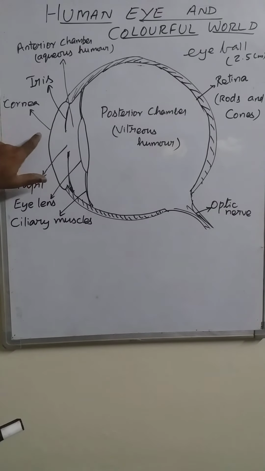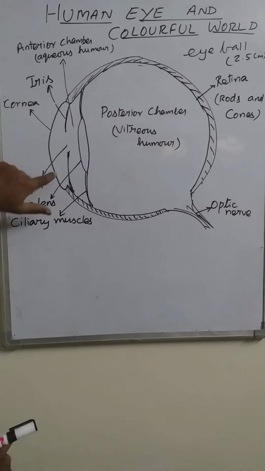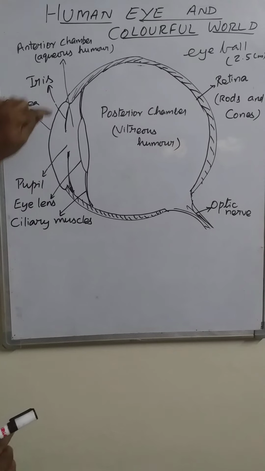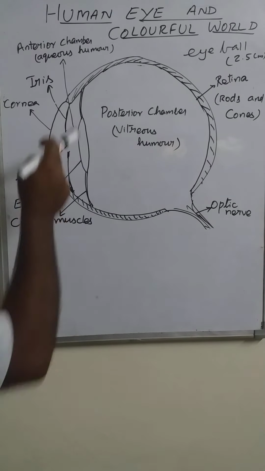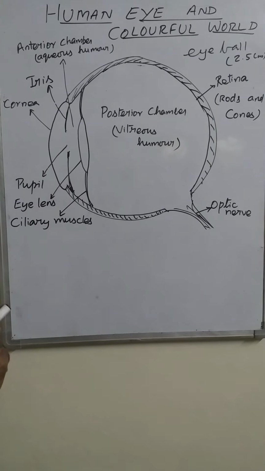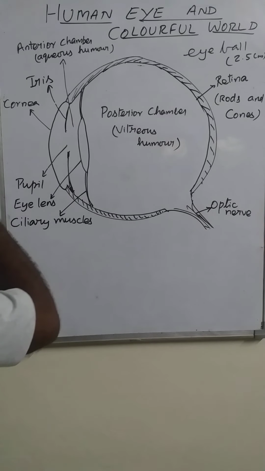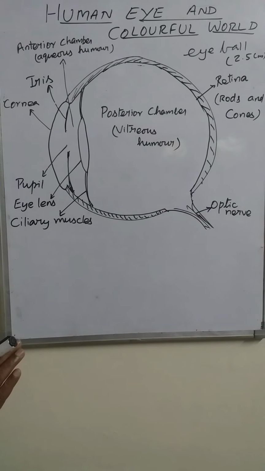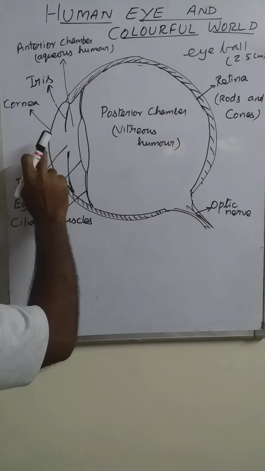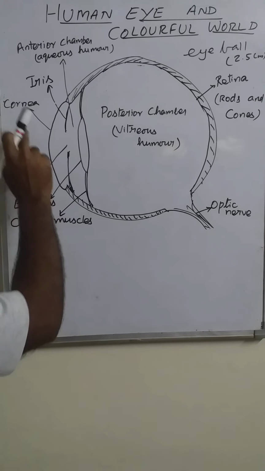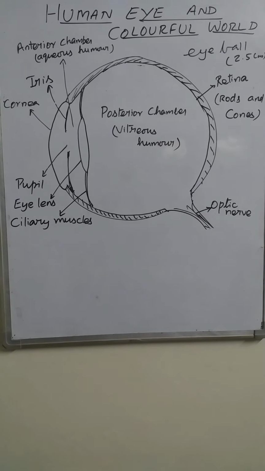The front part of this eyeball is more curved. And that more curved front part of the eyeball is transparent, through which the light enters into the eye. This front more curved part of the eyeball is known as cornea. So we can say the cornea is the part through which the light enters.